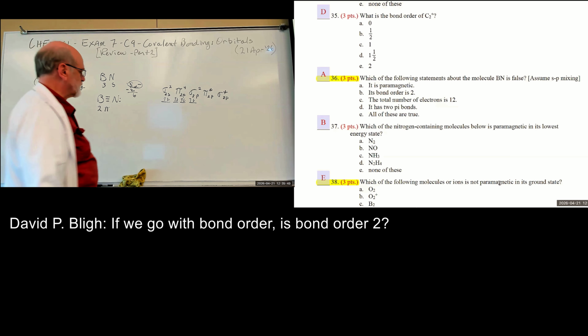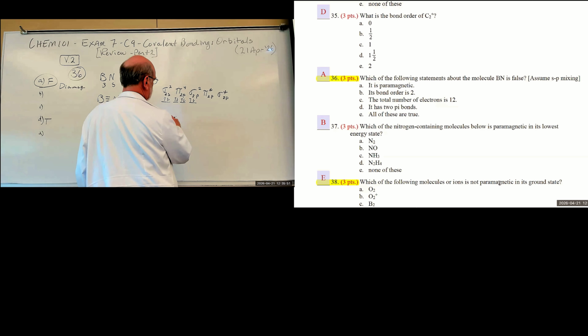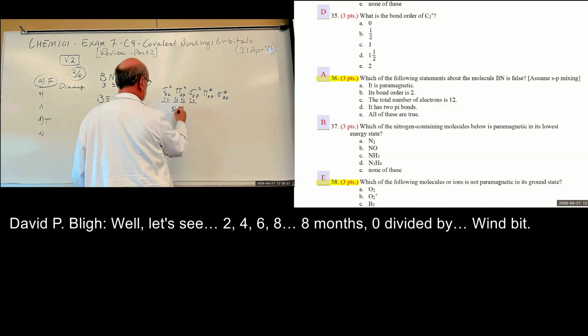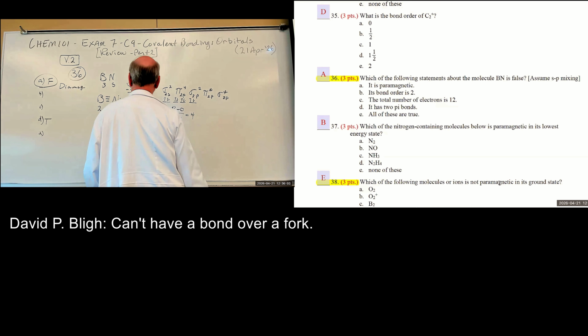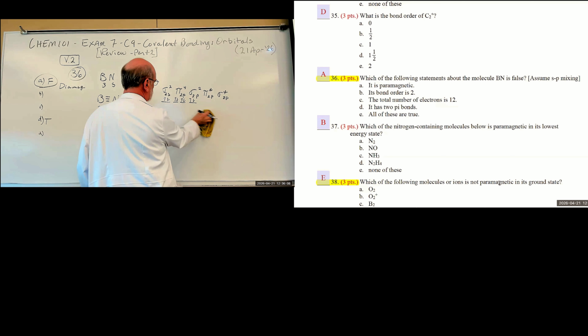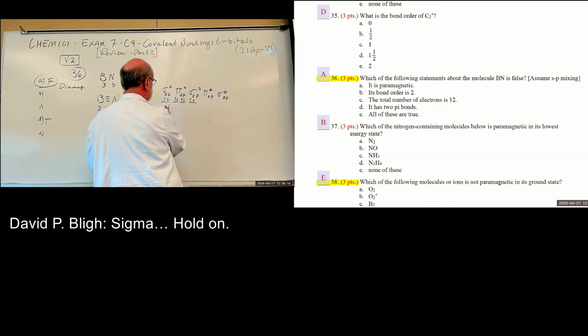If we go bond order, is bond order 2? Well, let's see. 2, 4, 6, 8. 8 minus 0 divided by. Wait a minute. Can't have a bond order of 4. Maybe I drew the wrong sigma.